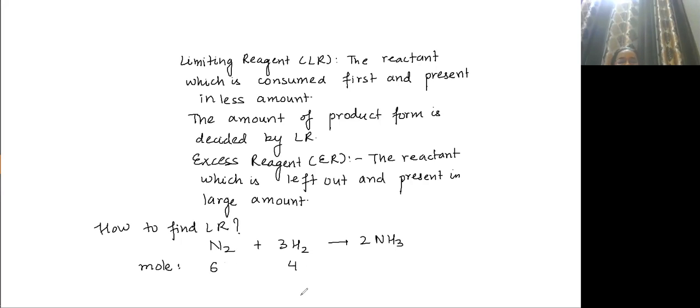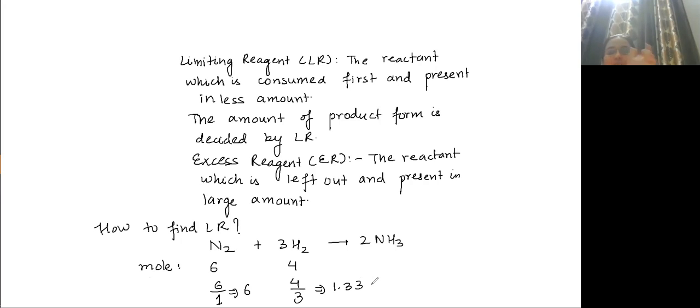You have to decide which one is LR. First, divide the given mole by the stoichiometric coefficient. N2 will be 6 by 1 and H2 will be 4 by 3. This comes out to be 6 and 1.33.